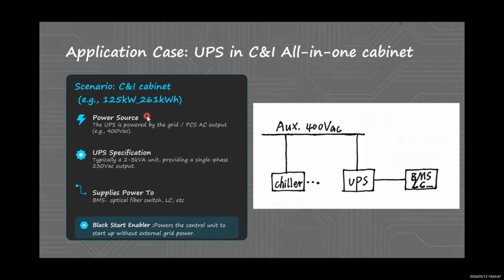The PCS will provide power to the BMS, local controller, and optical fiber switch, and the specification is very similar to the UPS in PCS and battery containers: 2 to 3 kVA units, single phase UPS. And again, the UPS will support black start functions.